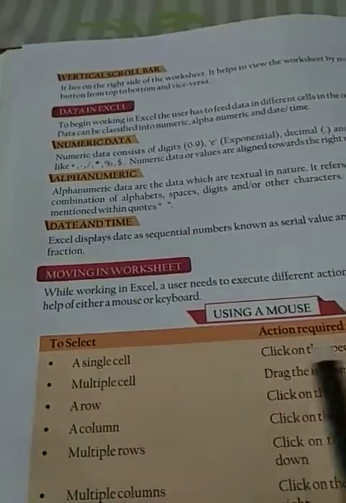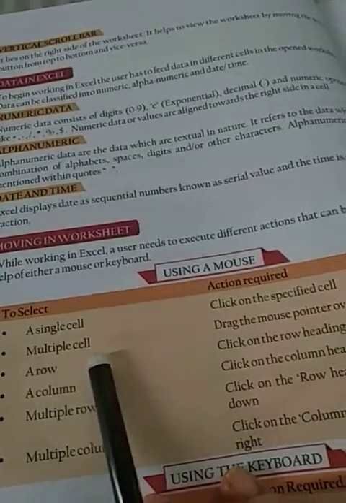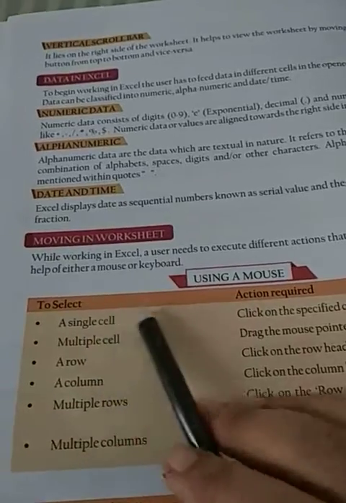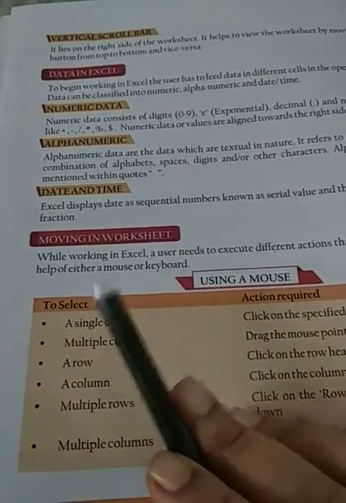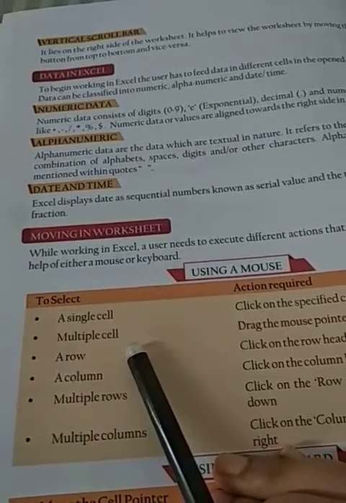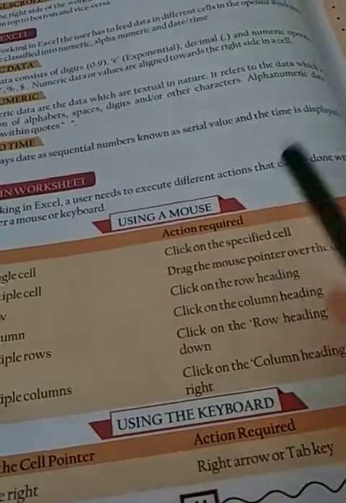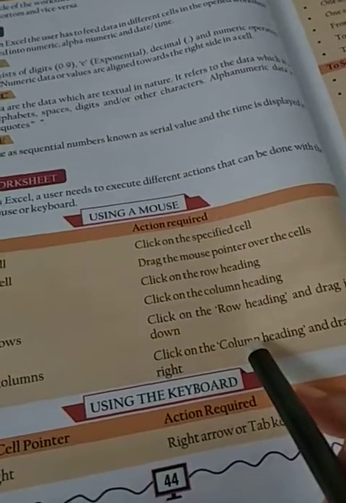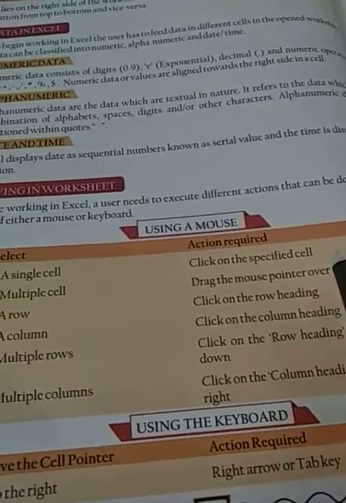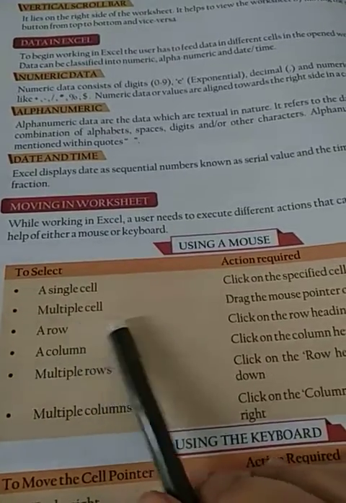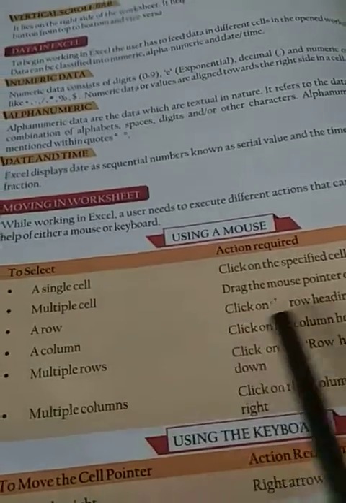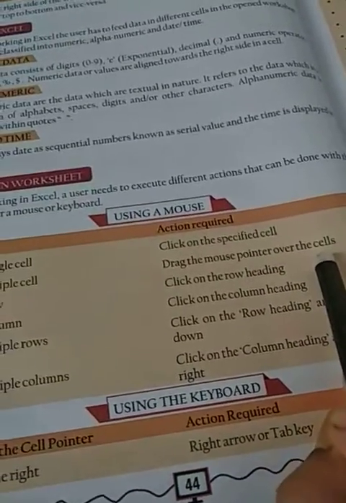If you have to select multiple cells, what you will do is drag the mouse pointer over the selected cells. If you have to select more than one cell, drag the mouse pointer over the cells.